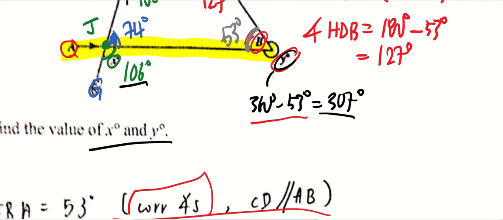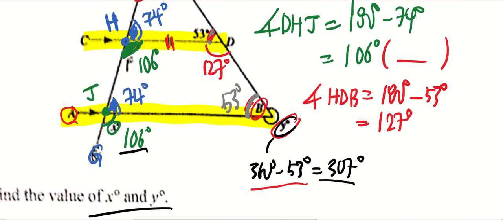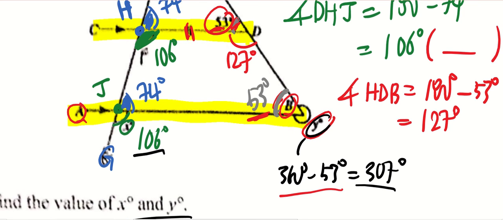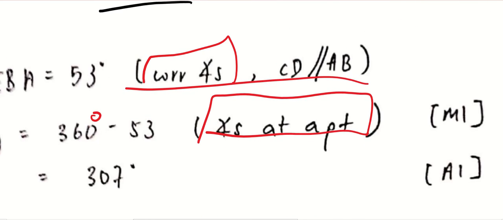When I'm using knowledge of these angles to find another angle, I need to quote the reason. In this case, I know that this angle is 53 because of the knowledge of corresponding angles to this angle over here. Therefore, I will quote corresponding angles.